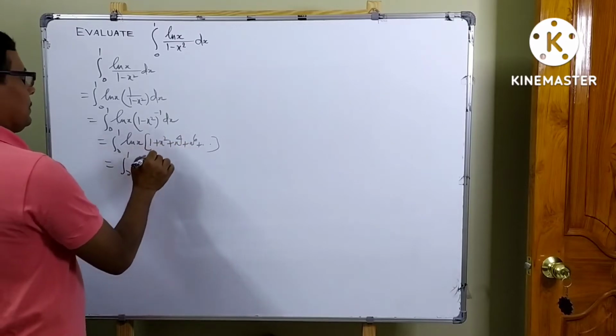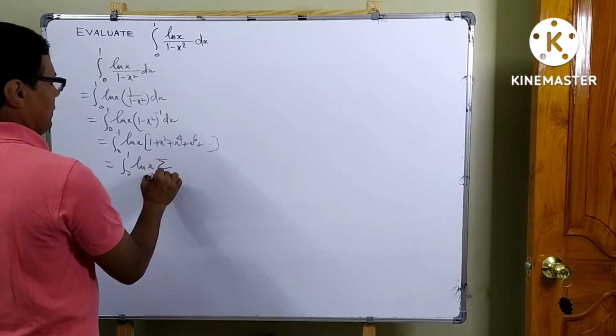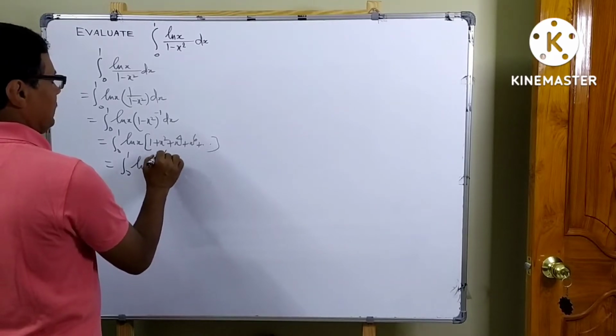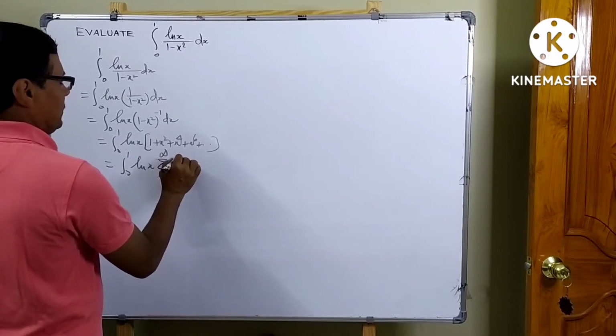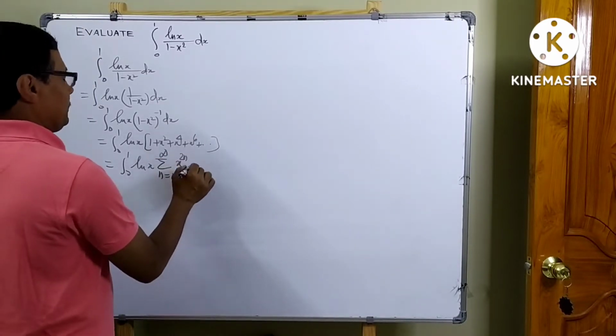This summation can be written in compact form, that is summation n equal to 0 to infinity x to the power 2n dx.